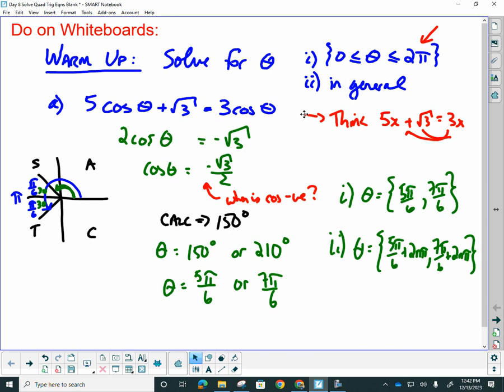So that's just a recap of what we did yesterday. We were solving equations yesterday and used this little process to get our answer.